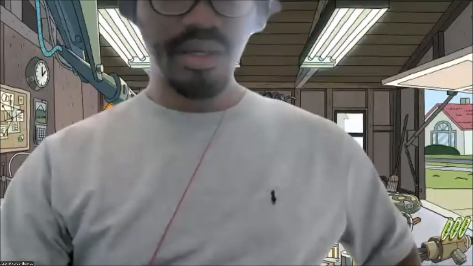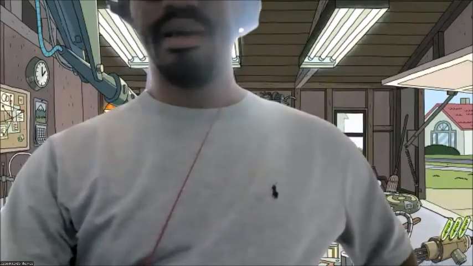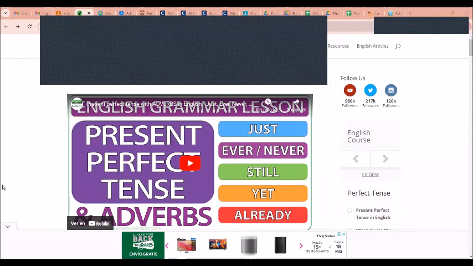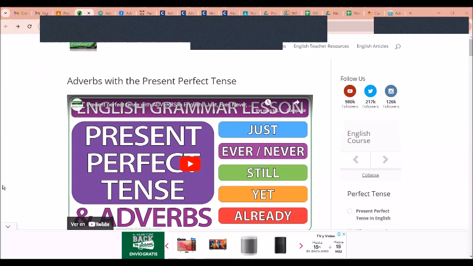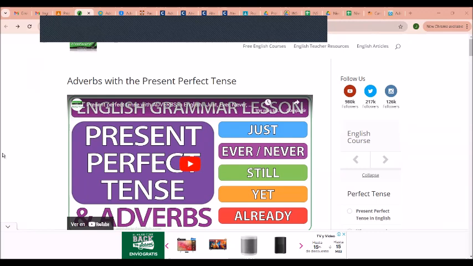In English, an adverb is a word that describes a verb. All of those adverbs you just saw are describing the action, because as we saw with present perfect, we are talking more about the experience than the finished time.